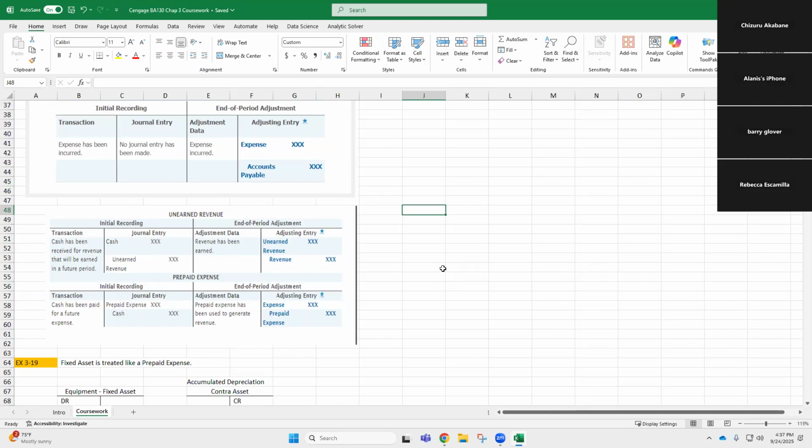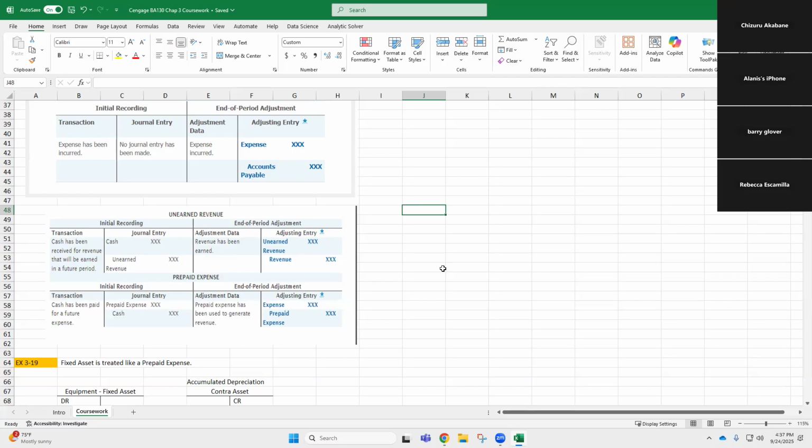So once again, if you see the word expense, make sure you look at the first word. If you see revenue, make sure you look at the first word, so you don't miss it. Now this one is where cash has been paid for a future expense.